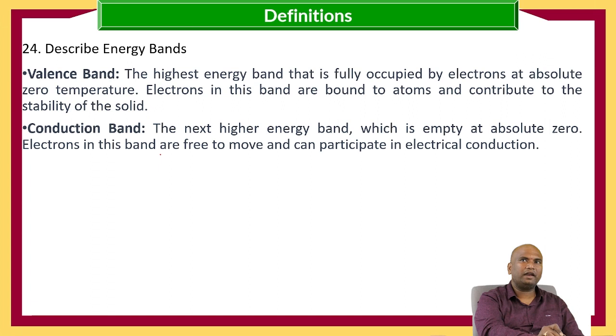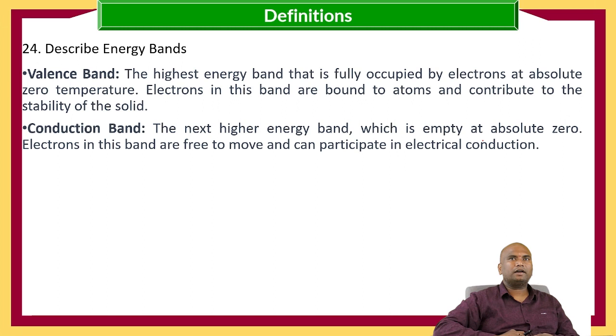Electrons in this band are free to move and can participate in electrical conduction. So in the conduction band the electrons are free to move, whereas in the valence band, electrons are bound to the atoms and contribute to the stability of the solid.